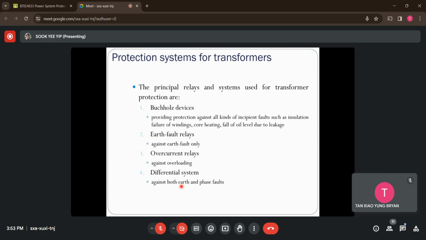So in chapter 5, we will not talk about the earth fault relay and overcurrent relay in so much detail, because you already learned this in chapter 4. So we'll only focus on the Buchholz device and the differential protection scheme. Okay, let's start with this in the next slide.